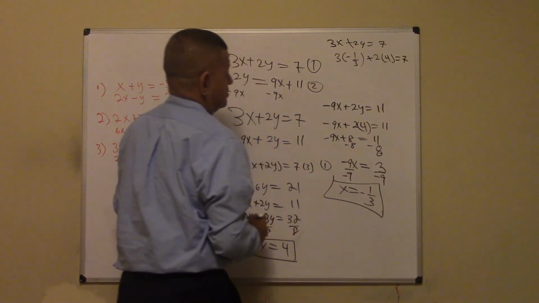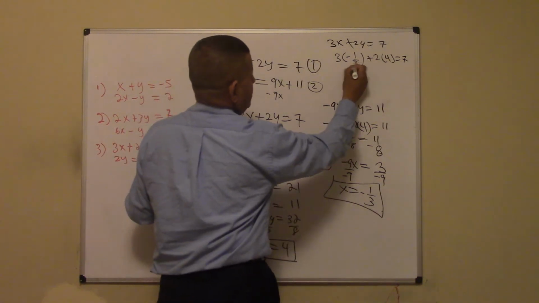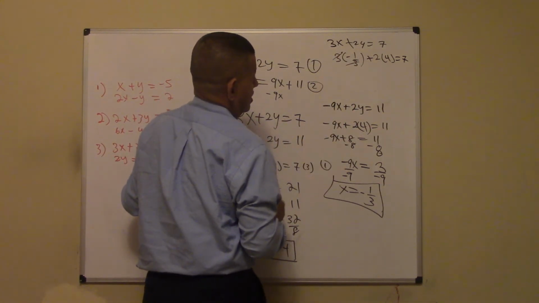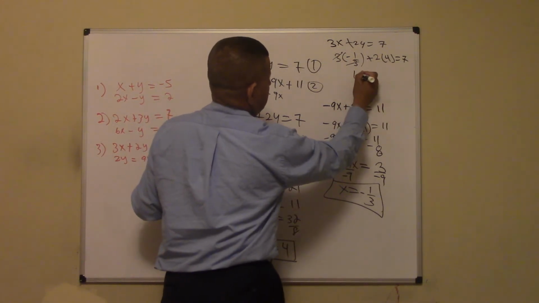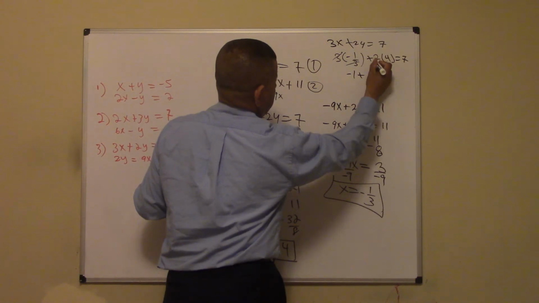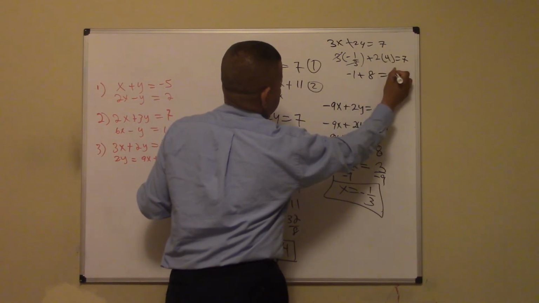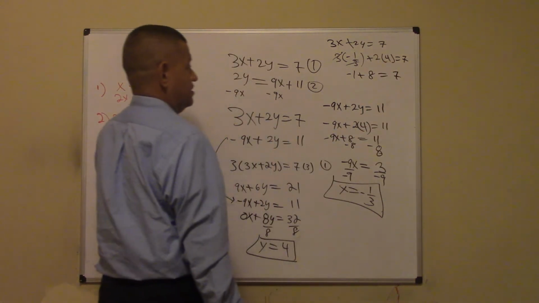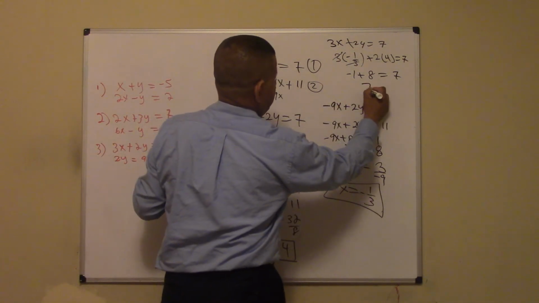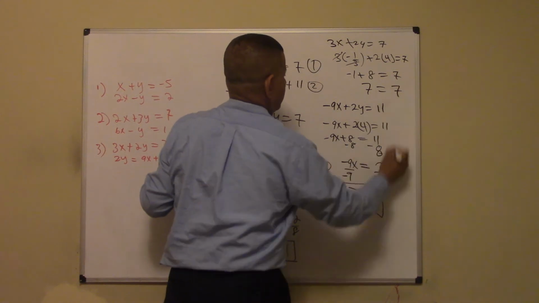The 3 and the 1/3 cancel out, giving negative 1, and then this 8. When I add those together, over here I get 7, and over here I get 7, right?